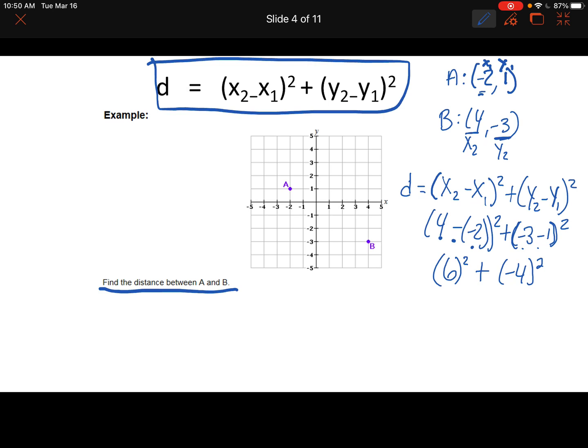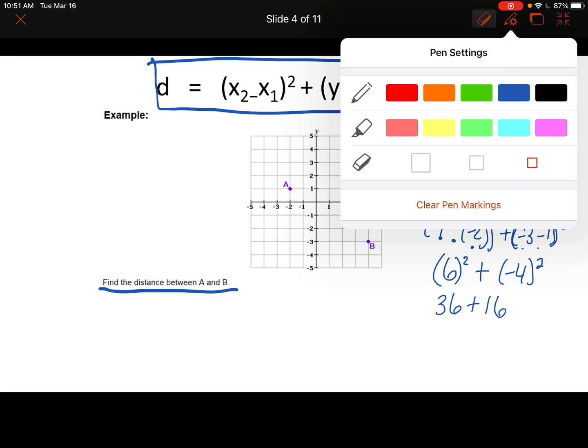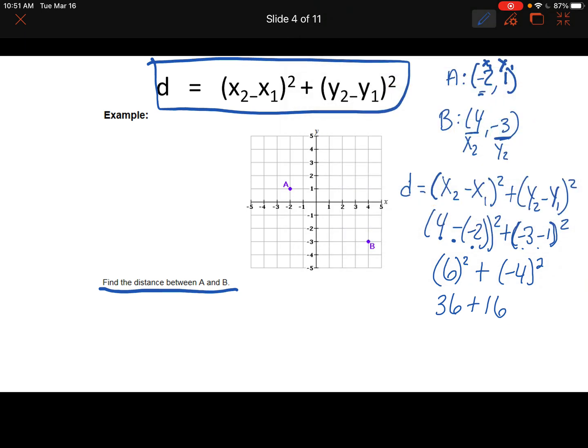So 6 squared is 36. Negative 4 squared is negative 4 times negative 4, which gives you 16. Sorry, jumping ahead. We have 36 plus 16, which gives you 52.